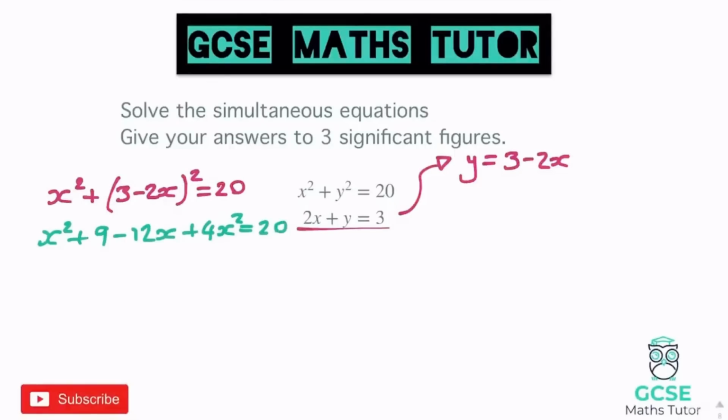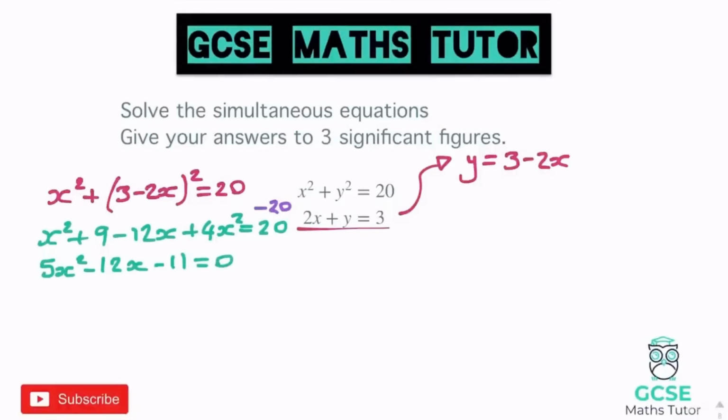I'm going to rearrange this, tidy it all up, so the x squared and the 4x squared will equal 5x squared. We've got the minus 12x, and then we've also got, minusing the 20 there, I'm going to do it in one step, so we've got the positive 9, take away 20 gives us negative 11, and that equals 0.